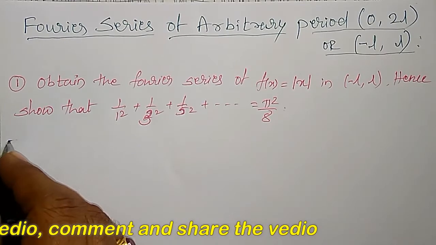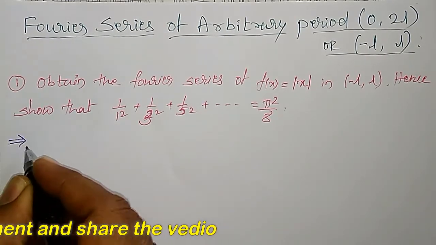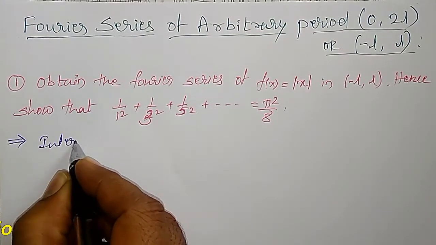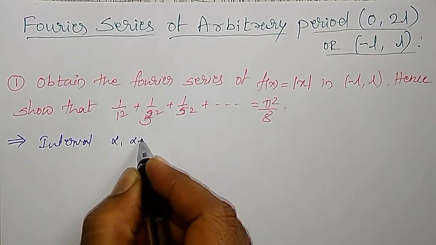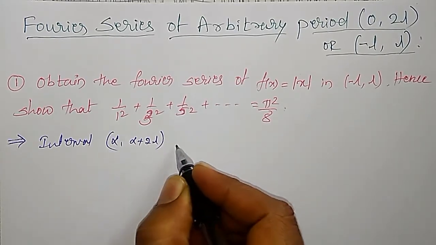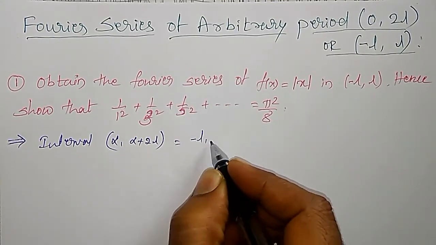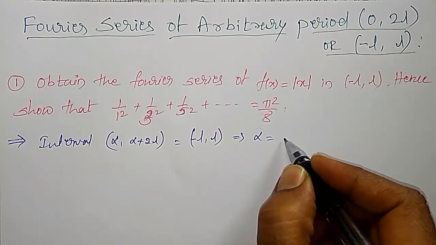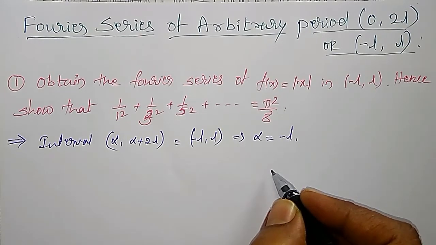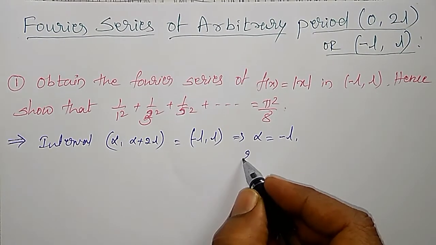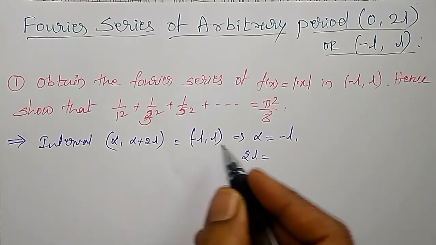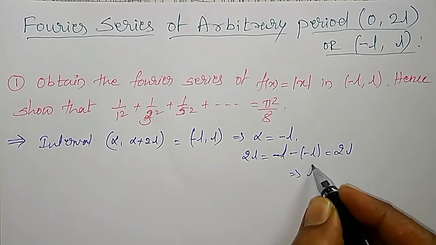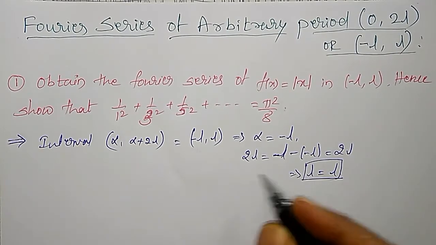Here the interval alpha to alpha plus 2L is nothing but minus L to plus L. Therefore, alpha is equal to minus L. And this 2L is nothing but L minus of minus L, that is also equal to 2L, which implies L is equal to L, comparing this.